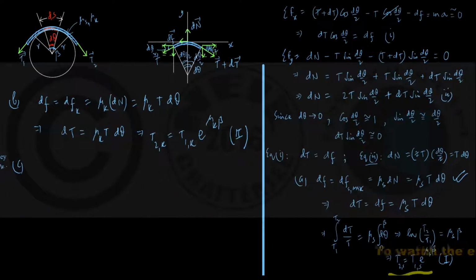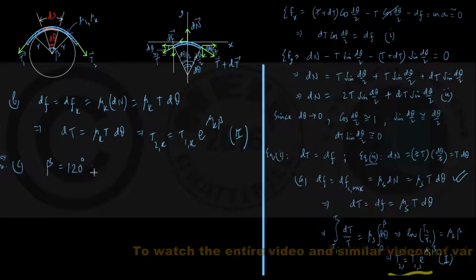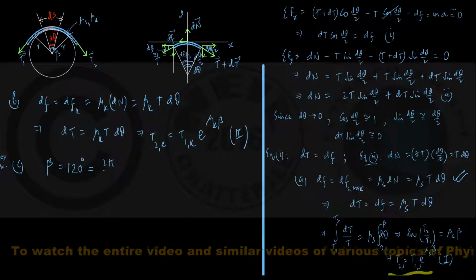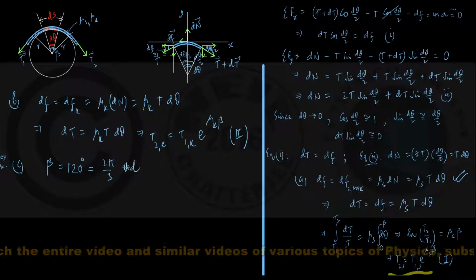They have said the angle subtended by the rope in contact with the pulley at the pulley's center is 120 degree, but don't forget to convert into radian. This is coming out to be 2 pi by 3 rad, isn't it?